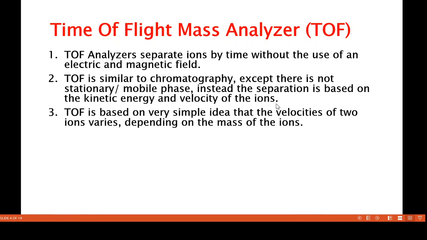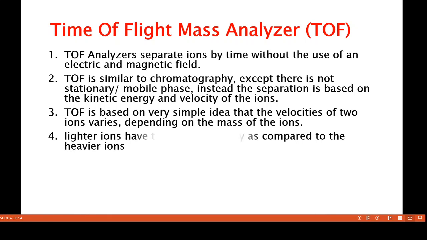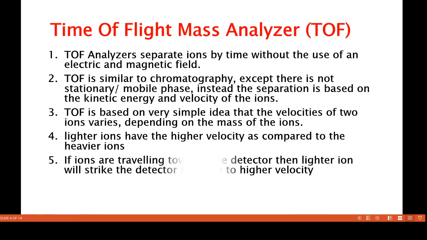Okay. This TOF is based on a very simple idea that the velocity of two ions varies depending on the mass of the ion. Lighter ions have higher velocity as compared to heavier ions. If ions are traveling towards the detector, then the lighter ion will strike the detector first due to the higher velocity.